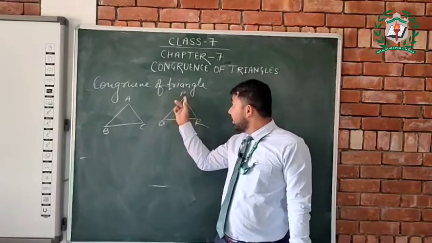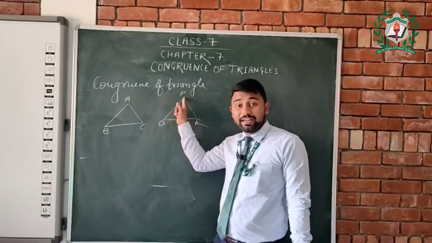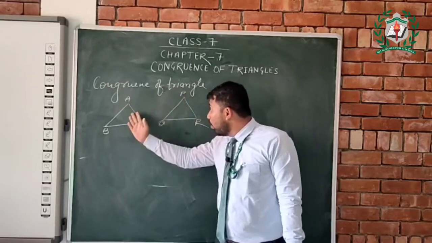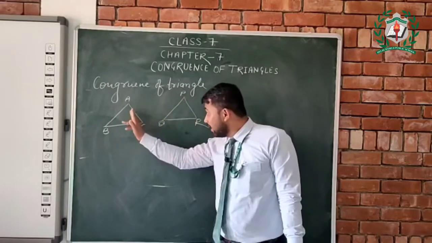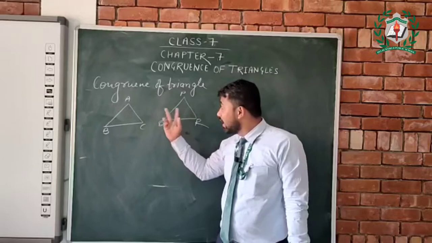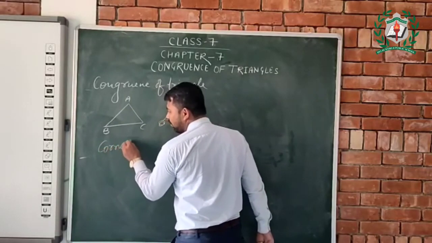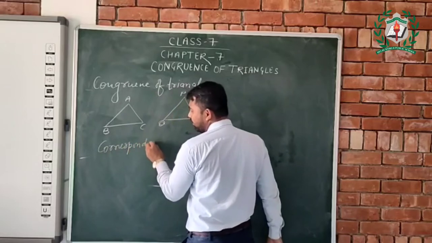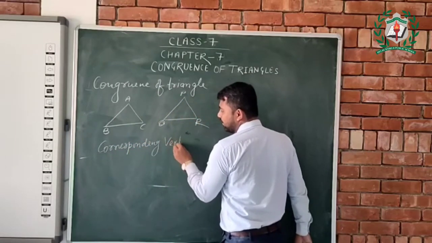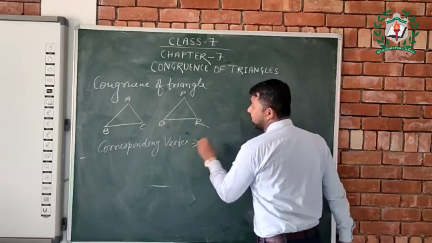If both are congruent to each other, these are the corresponding vertices. What are corresponding vertices?